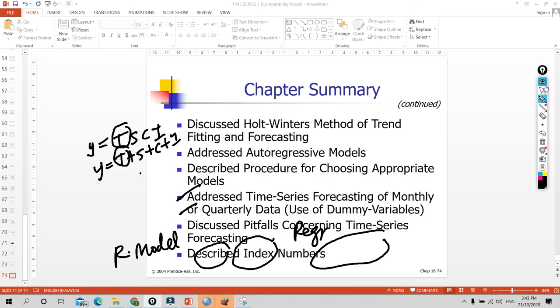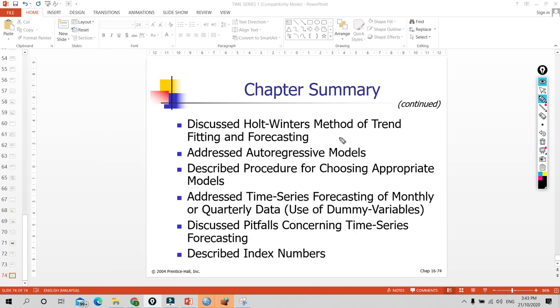Then we also discuss the Holt-Winters method of trend fitting and forecasting, and then we use the autoregressive model.